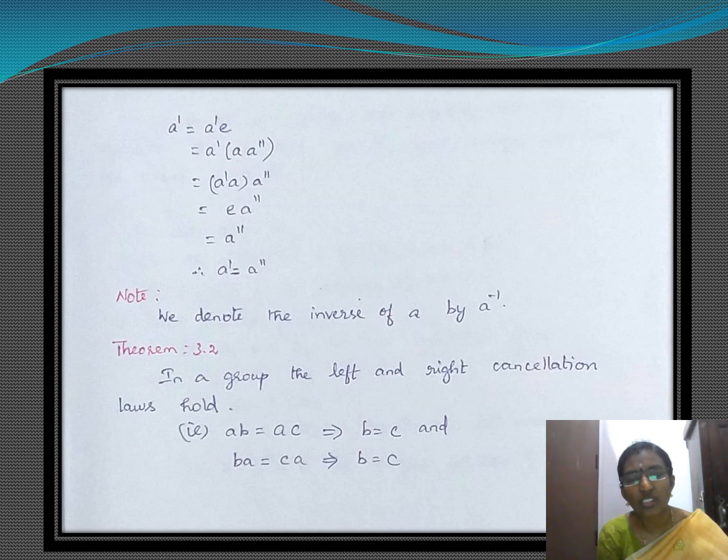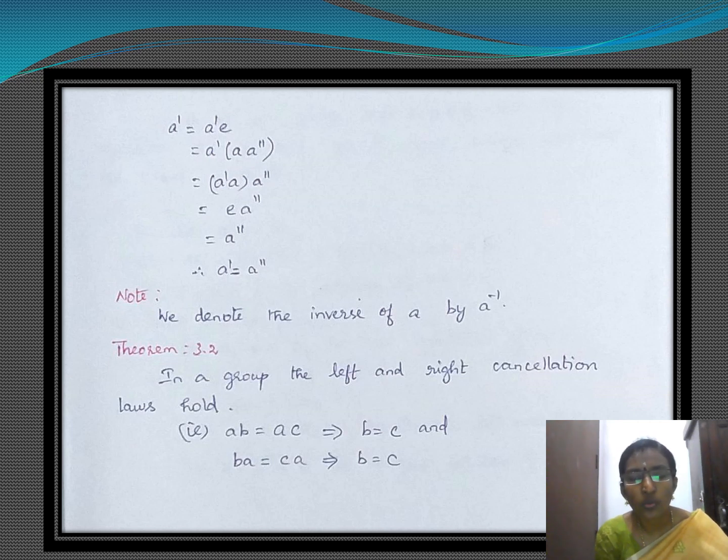Therefore, A dash equals A double dash. That is, for any element in G, there will be only one inverse for that element. From this theorem, we note that the inverse of A can be written as A inverse. That is, the notation is A power minus 1.